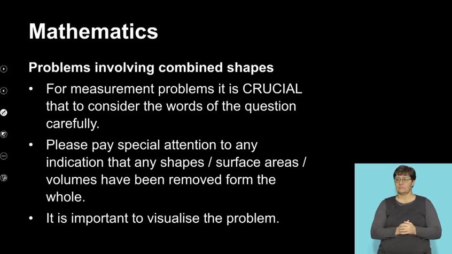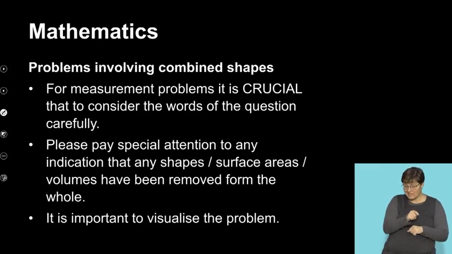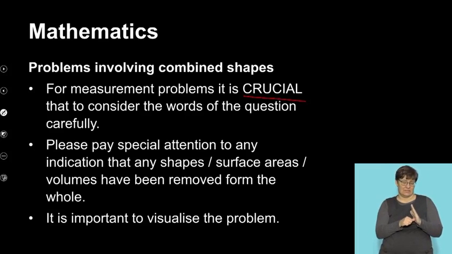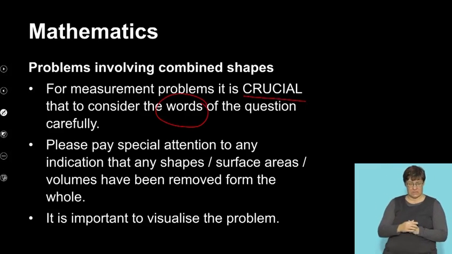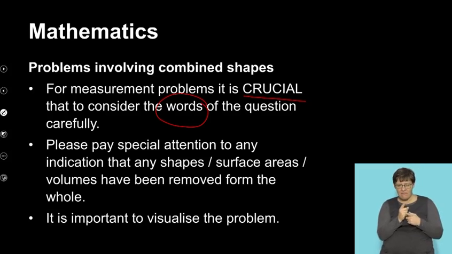Cool. Everyone, we are now going to remind ourselves what we do when we've got problems involving combined shapes. So for measurement problems, it is crucial that we consider the words of the question, because if we read the introduction to the question, there are often hidden pieces of information that direct me on how I can actually solve it.